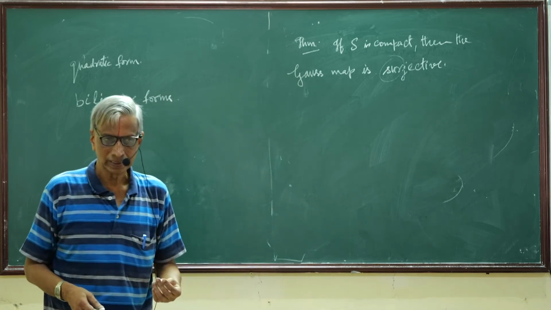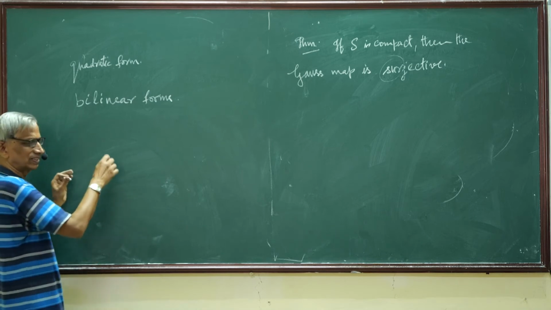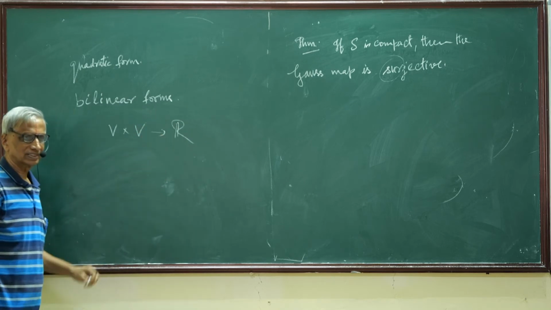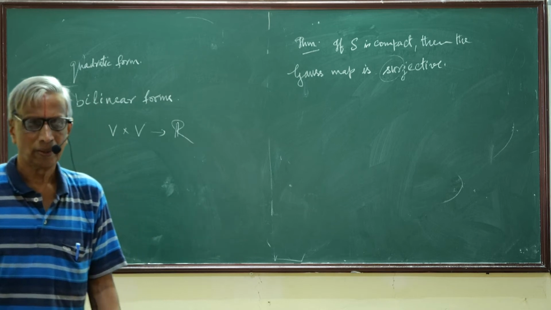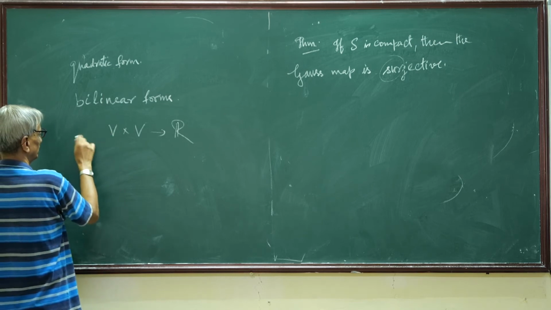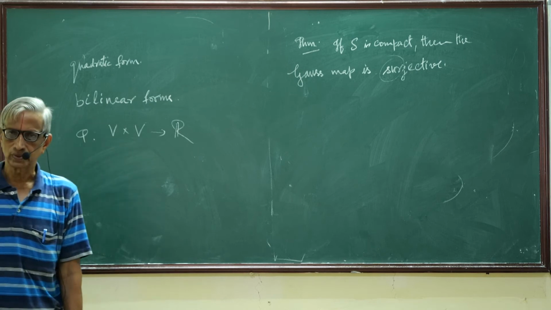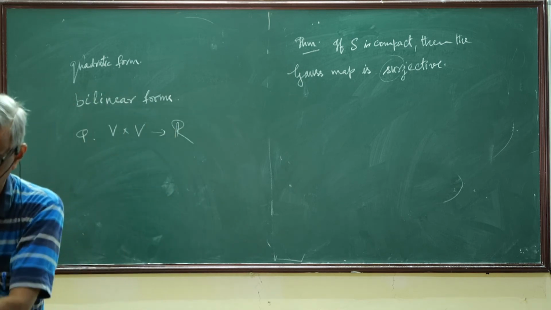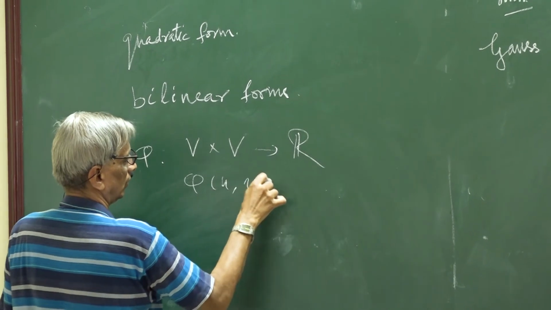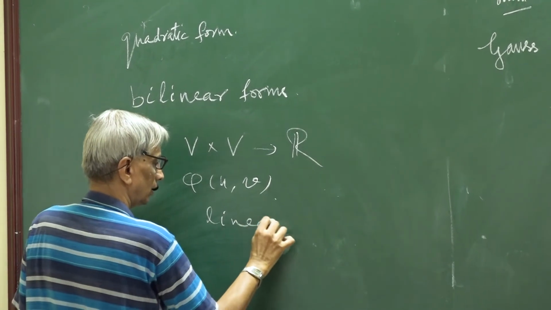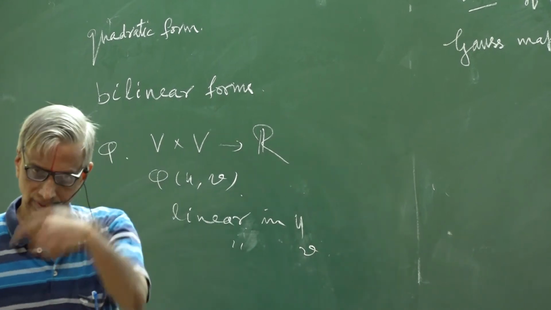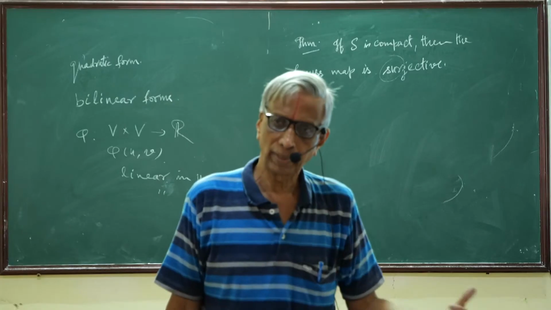So what is a bilinear form? Generally, on a vector space, let's say, all real for us, you have a real vector space, and you have a scalar valued map from V cross V to R, which is linear in each coordinate, linear in U and linear in V. So linear in each variable, then you call it bilinear.